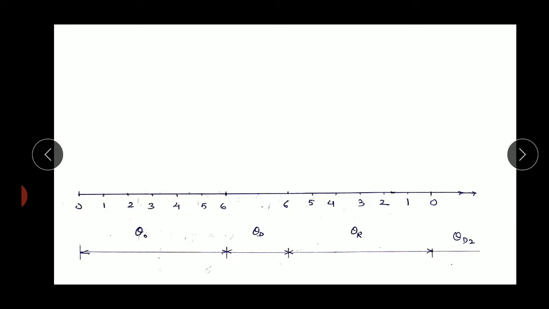So choose a suitable scale and plot the angle turned by the cam during outstroke, dwell and return stroke. The total angle turned by the cam has to be plotted on the x-axis. If any part is in dwell, you can represent it as a double arrow, so you need not plot it completely.